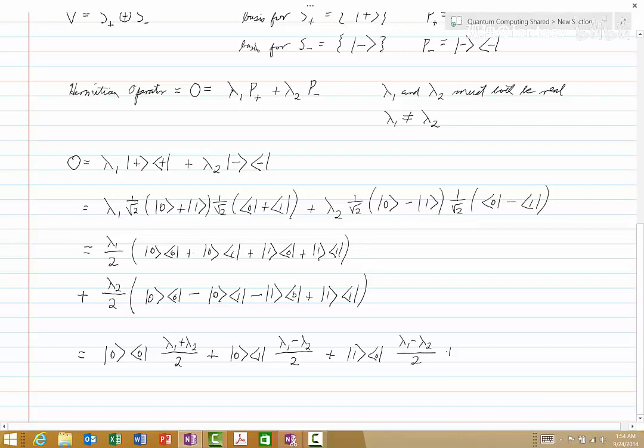And finally, plus |1⟩⟨1| times (λ1 + λ2)/2.